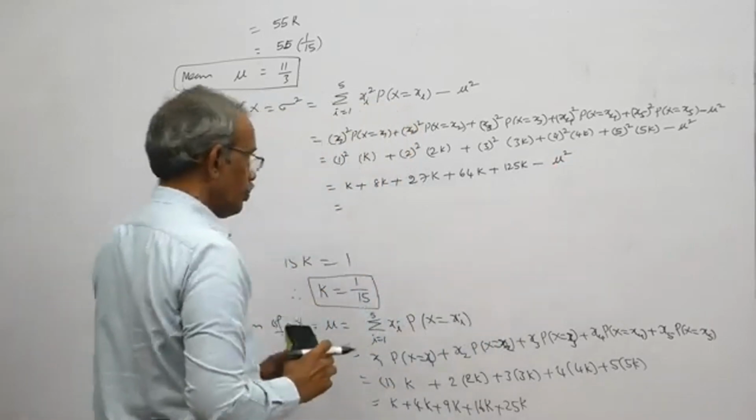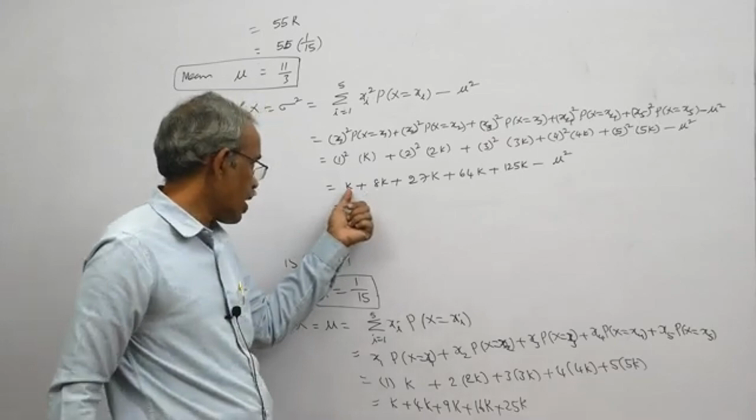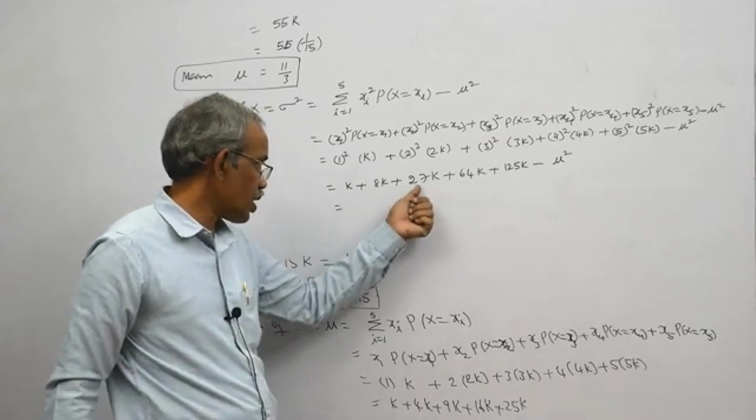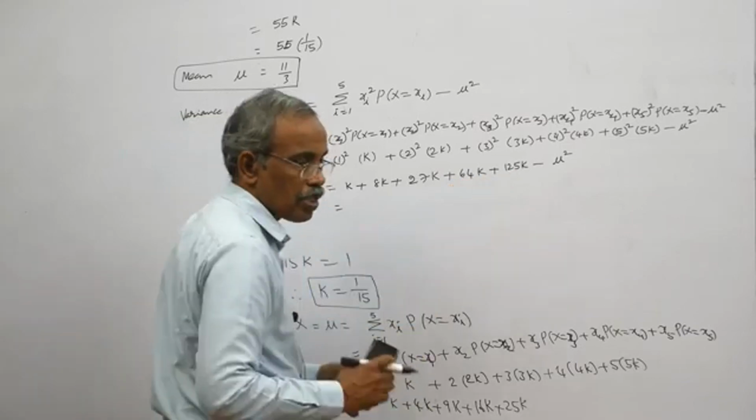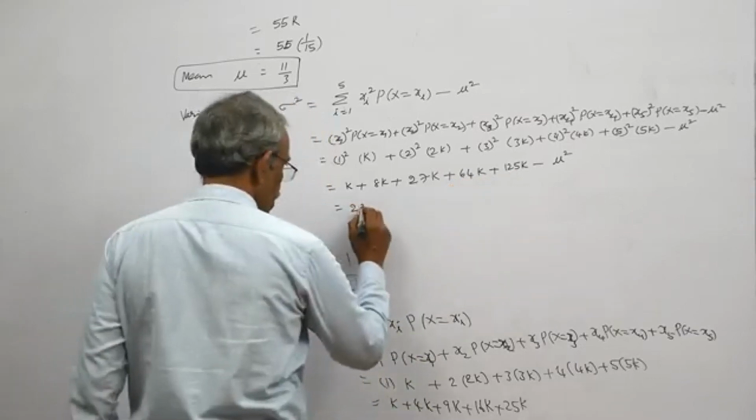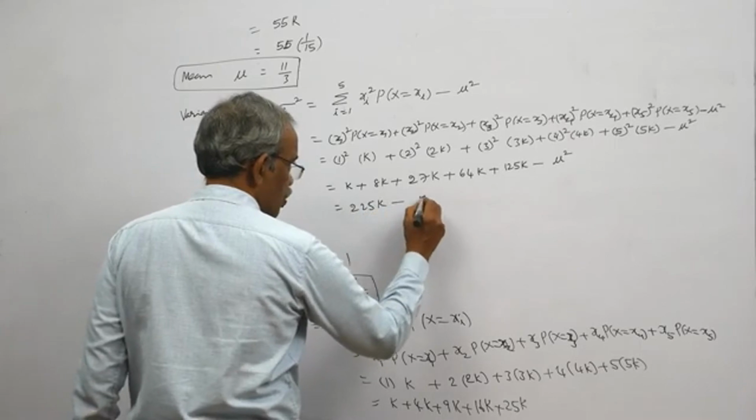This is equal to 8k plus 1k is 9k, plus 27 is 36k, 36k plus 64k is 100k, plus 125k is 225k, minus mu square.